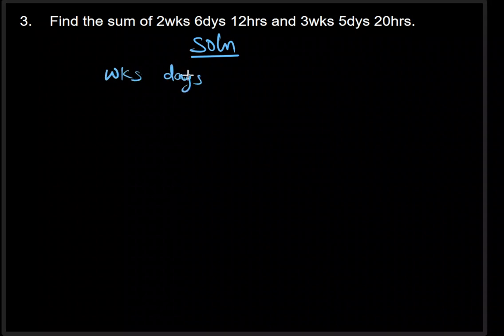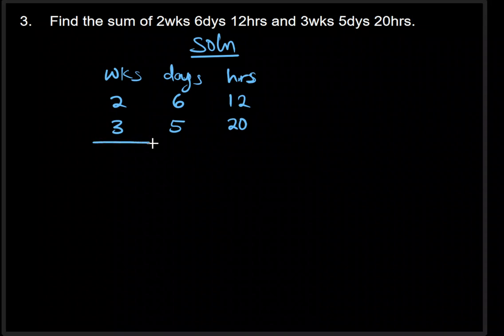All right, so find the sum of, let's look at this one. I love this. This is three units: weeks, days and hours. So we have 2, 6, and 12, and then we have 3, 5, and 20.